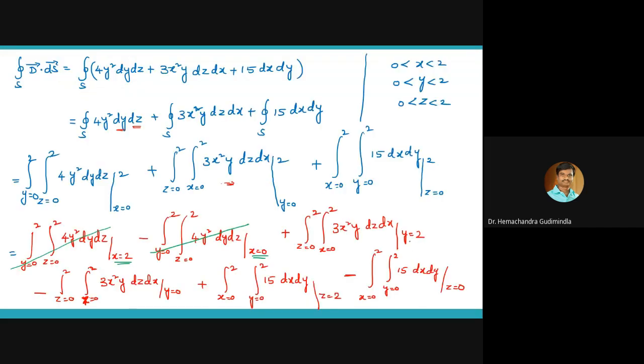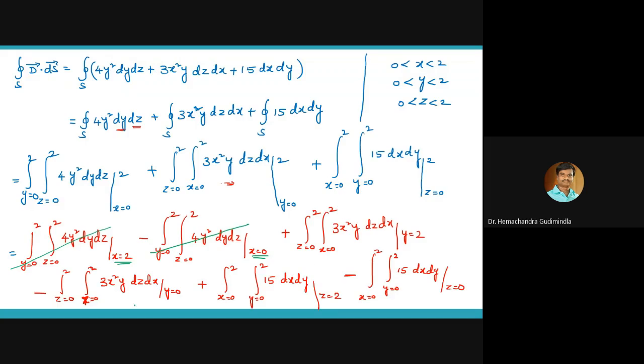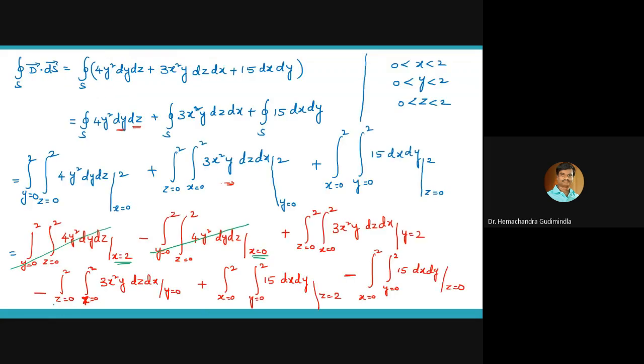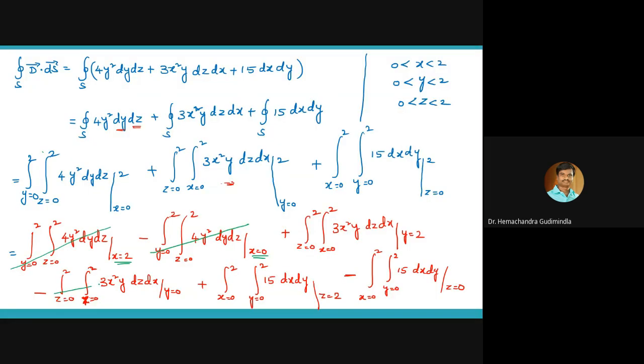Y equal to 2, right? 2 into dz dx, minus, if you substitute y equal to 0 here, what will happen? It will become 0. Just substitute 3x square into y value 0, so the total term will become 0.